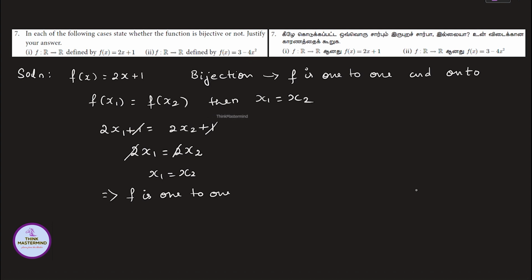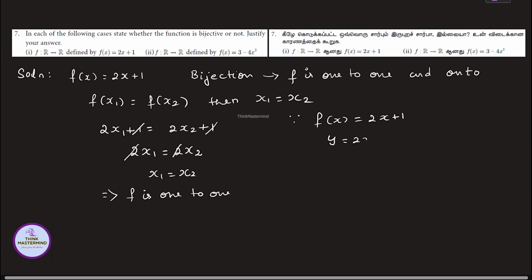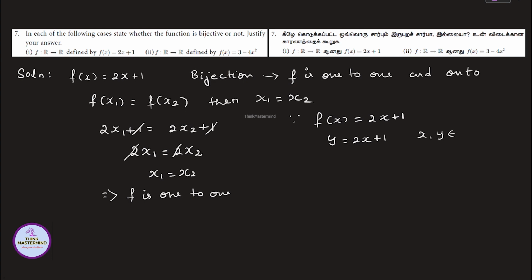So now we have to check that f is onto. Since we know that f of x is equal to 2x plus 1, that is y is equal to 2x plus 1, where x, y belong to R, then finding the pre-image, x can be written in terms of y. 1 goes to this side, that is x equals y minus 1 divided by 2.